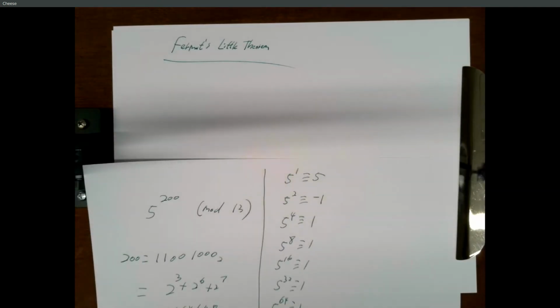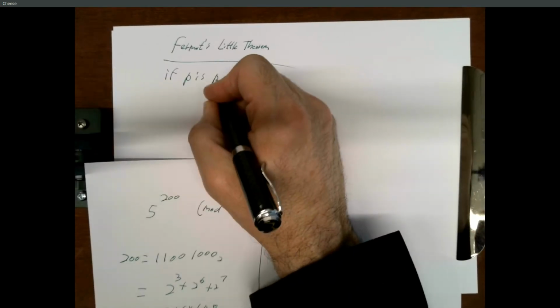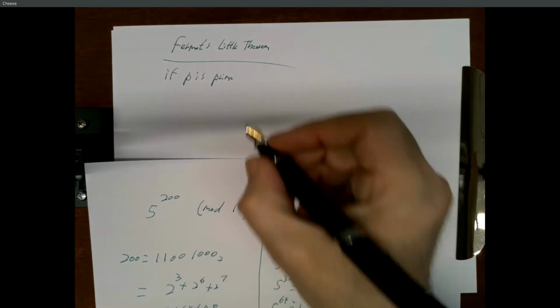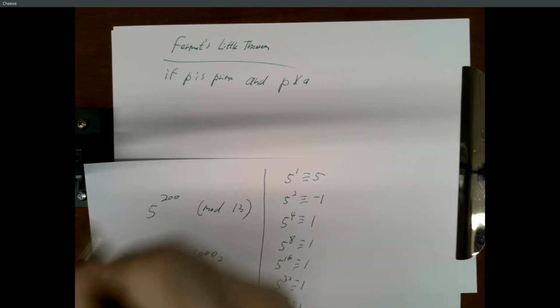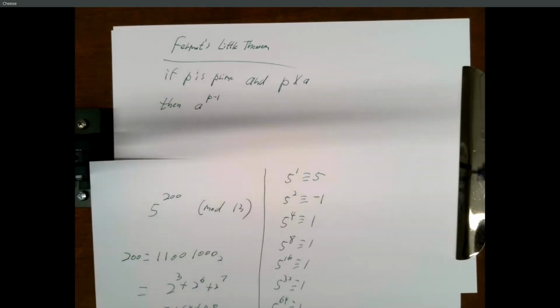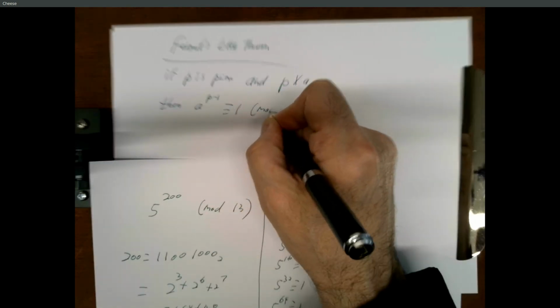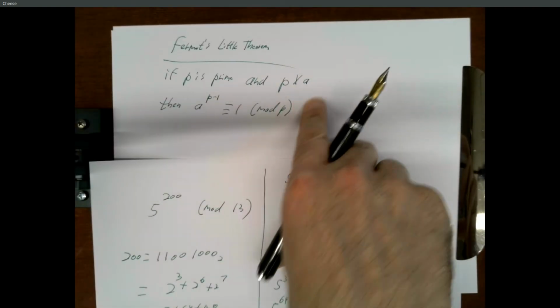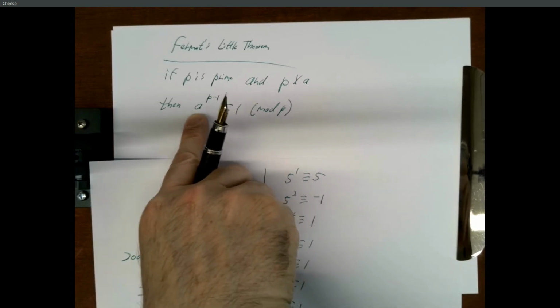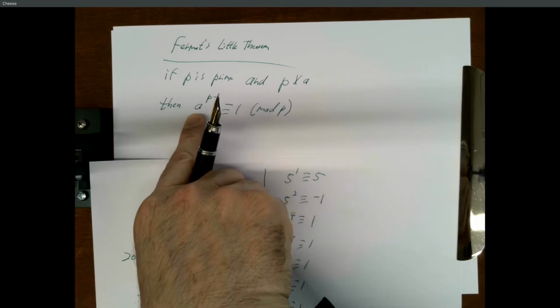Different FLT from Fermat's last theorem. So Fermat's little theorem says the following: if P is prime, and P does not divide A, then A to the P minus 1 is congruent to 1 modulo P. P does not divide A just says A is not a multiple of P, because if A is a multiple of P, then it's divisible by P, and so any power of it is also divisible by P. So that's kind of a degenerate case.